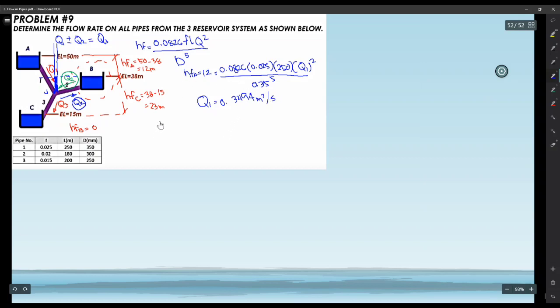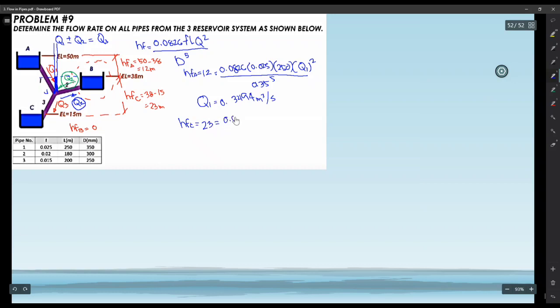And for Q2, or rather, sorry, for Q3, we consider the head loss at point C. The head loss at reservoir C or pipe 3 is equivalent to 23.